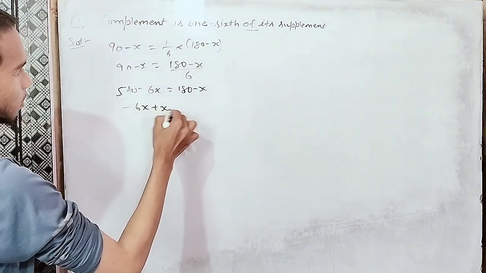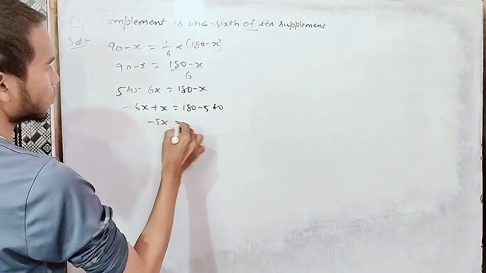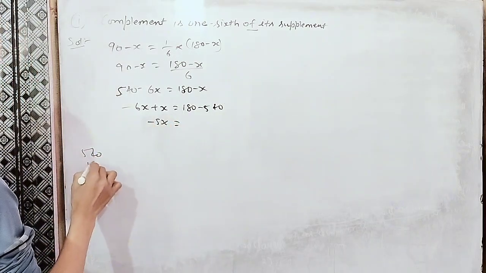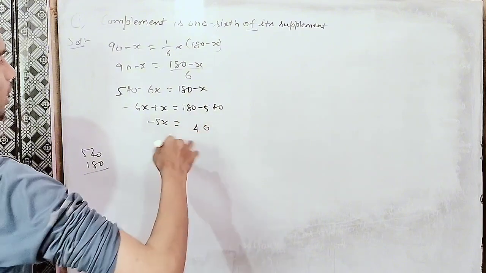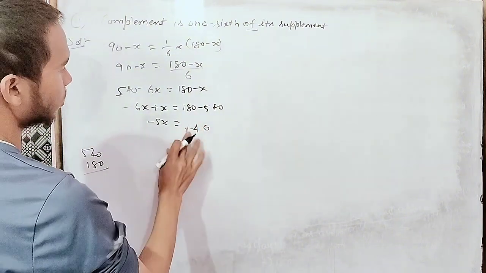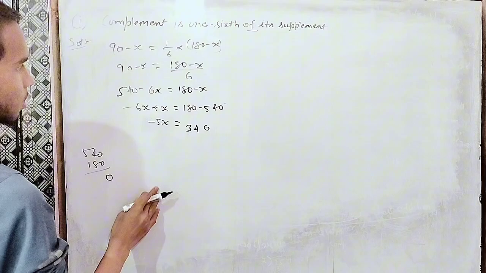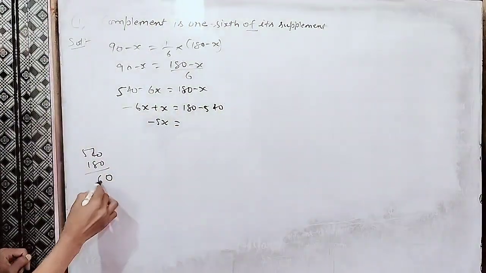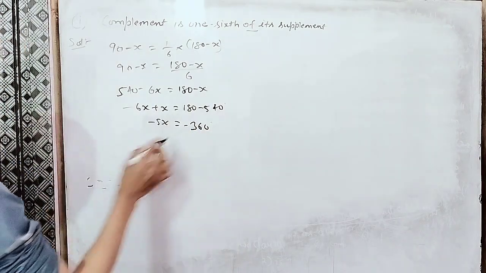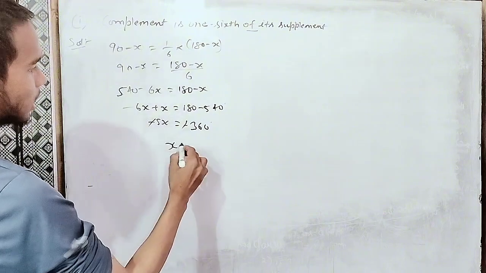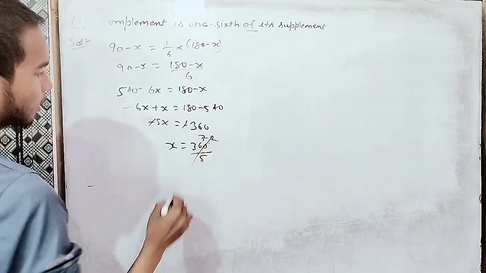Then 540 minus 180 is 360, and the minus x and 6x combine to 5x. So 360 equals 5x, and x is 360 upon 5, which is 72.